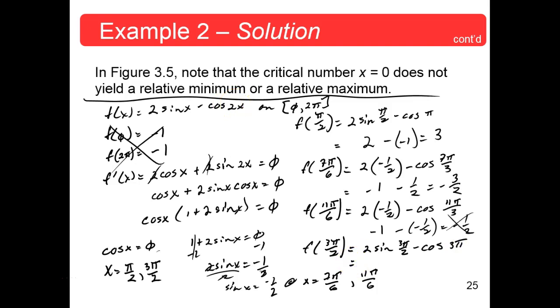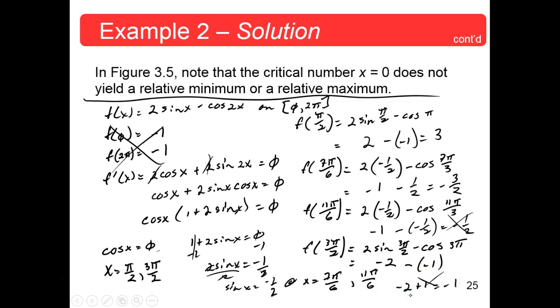What is the sine of 3/2 pi? Negative 1, times 2 would be negative 2. And what's the cosine of 3 pi? Negative 1. So this will be negative 2 plus 1, equals negative 1. That's out of there too.